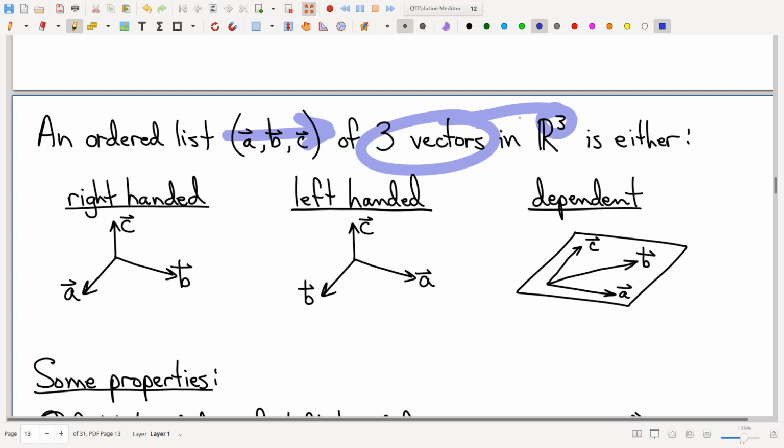Look at this. I can go sideways. Now I can point my middle finger in the direction of B. So I got the A and I got the B, index first, middle finger second. But now my thumb is pointing the wrong way, not the right way. So this is not left-handed. It is right-handed. Everybody good? All right. Okay, now a little bit of a clarification, kind of a detail point.